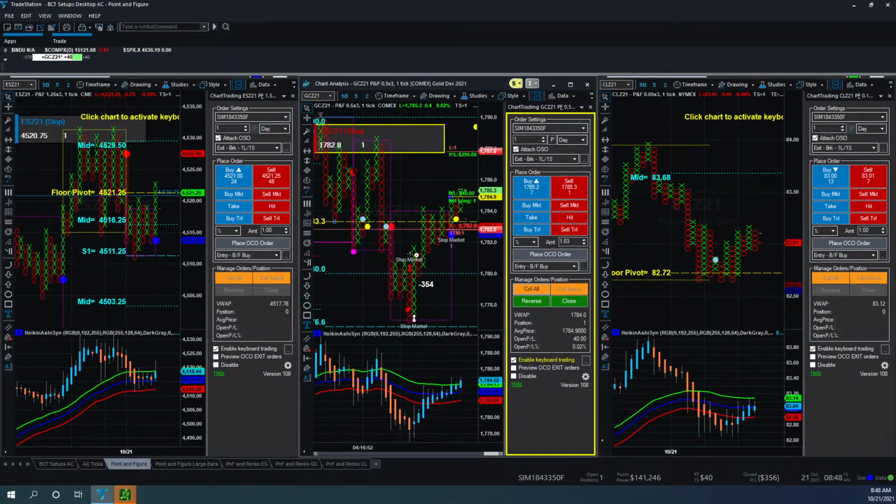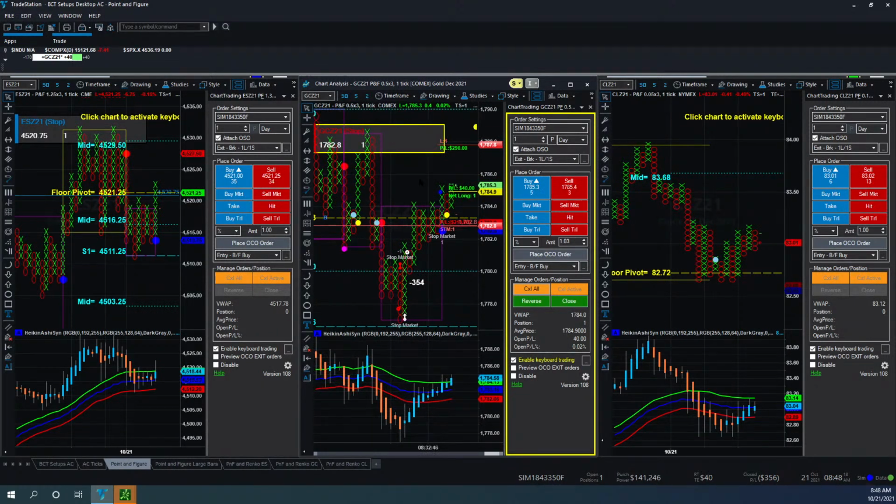So I'm looking for this resistance right in this area.